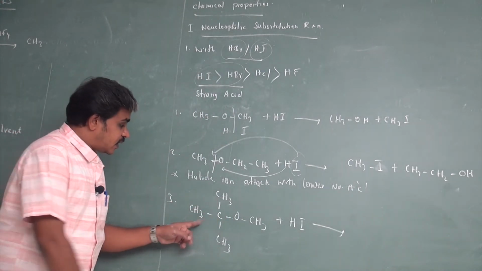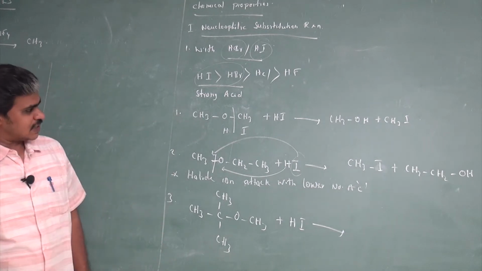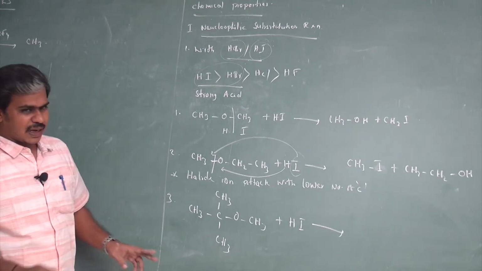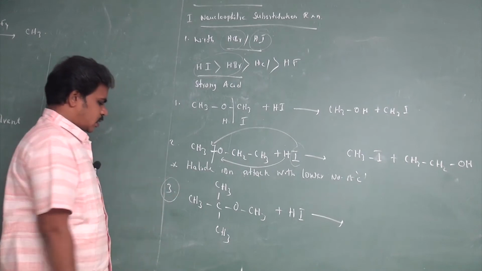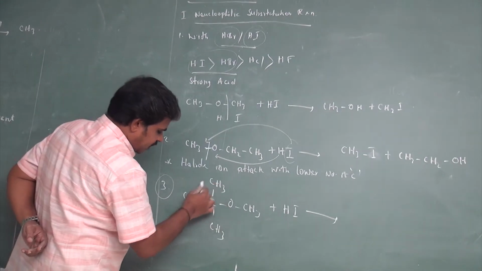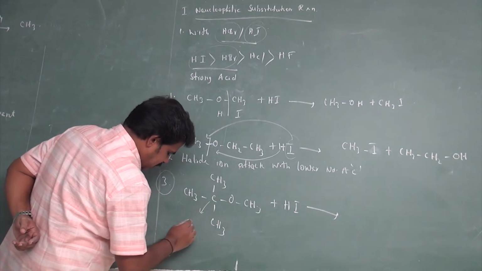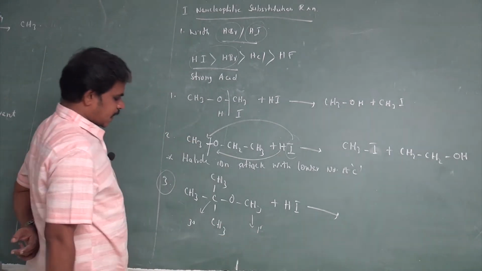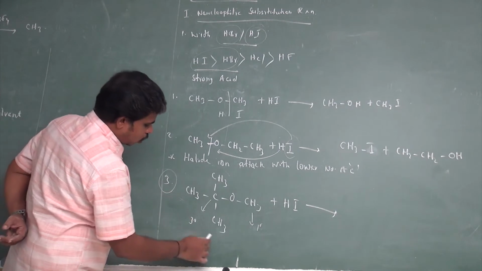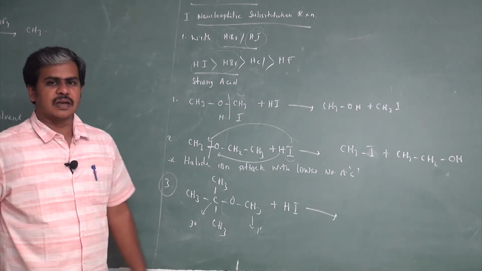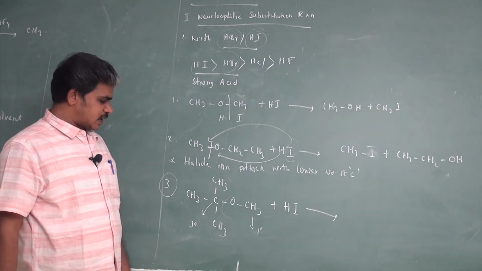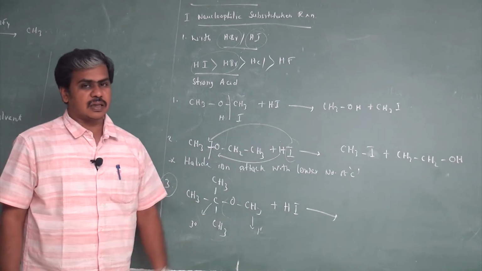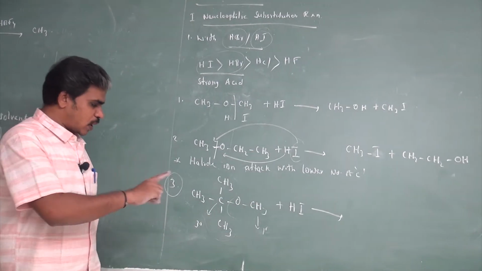Here, in this nucleophilic substitution with HI, it is very important: if it is a tertiary carbon here and a primary here, and a tertiary alkyl group is present, then the product is the tertiary iodide.